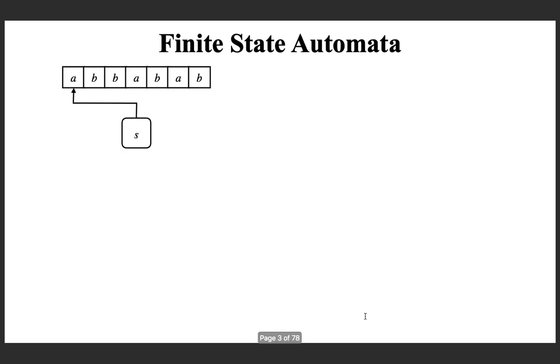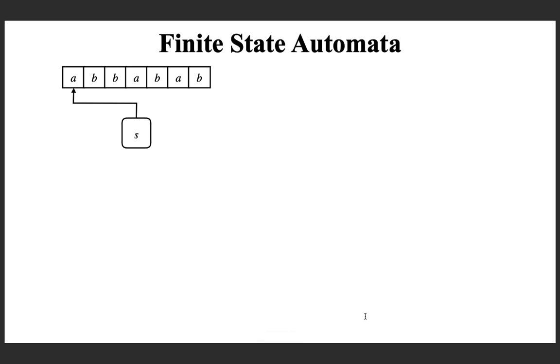Before we see what a pushdown automaton is, let us recollect the basic structure of a finite state automaton and also recollect the way a finite state automaton executes.